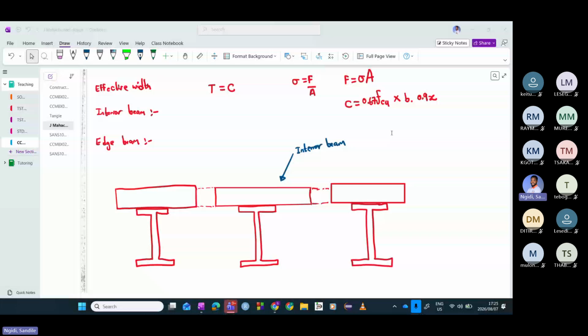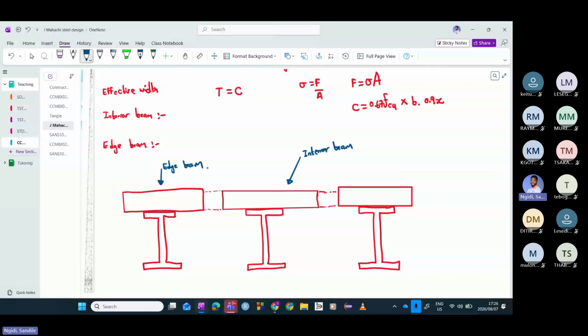So now the calculation of this effective width gives us conditions. For an interior beam, if we want to calculate this effective width B, this B is the minimum value of what?